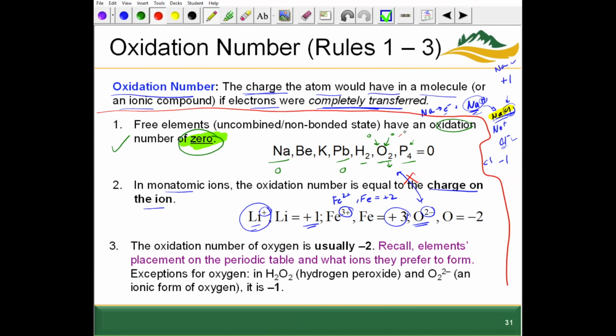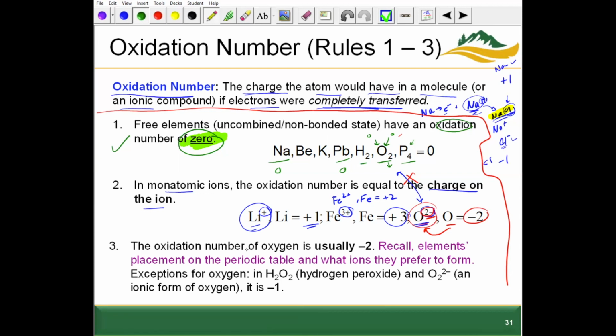Oxygen, when it's become an anion, so it's gained 2 electrons. This oxide anion, based on its placement in the periodic table, will form 2- anions, meaning the oxidation number of oxygen within this monatomic ion is 2-.